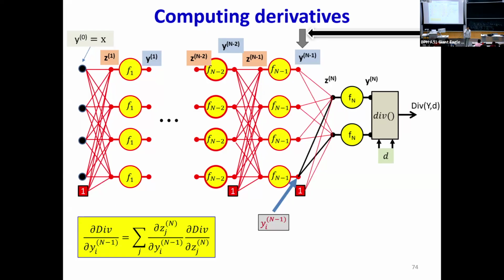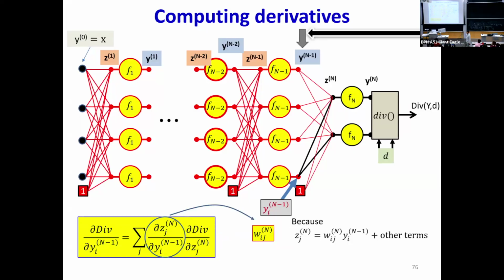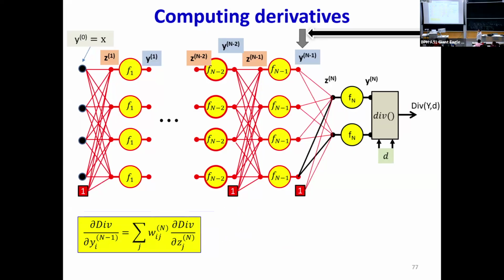And so if I want the derivative of the divergence with respect to y, I must sum over all outgoing paths: the derivative of the divergence with respect to the z on the path times the derivative of z with respect to y. Is that making sense to everybody? And once again, this second term has already been computed because we already have the derivatives of the divergence with respect to the z's. And what is the derivative of z with respect to yi? That's just going to be wij. And so here you have it.